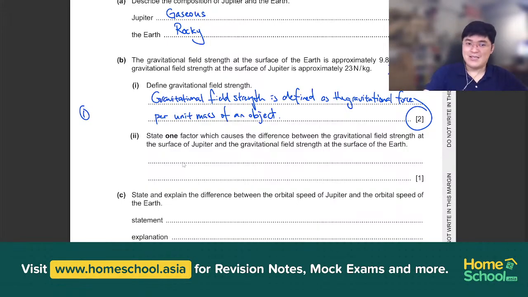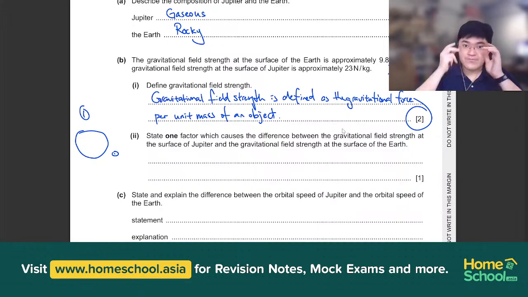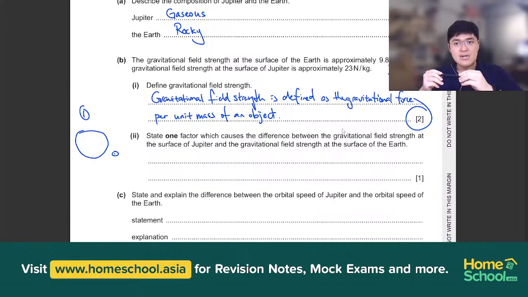Jupiter is, as you know, much bigger than the Earth. But here's another catch: Jupiter is also much more massive than the Earth. So the two factors are the distance away from the center of the planet and the mass of the planet itself.